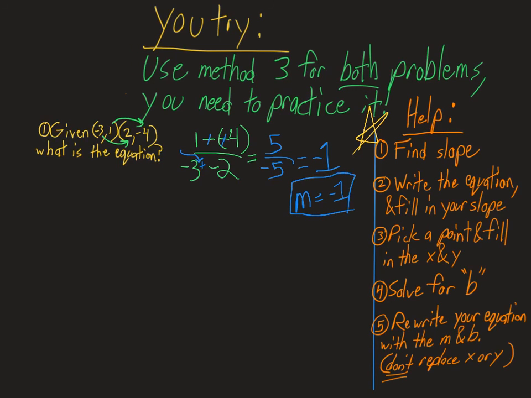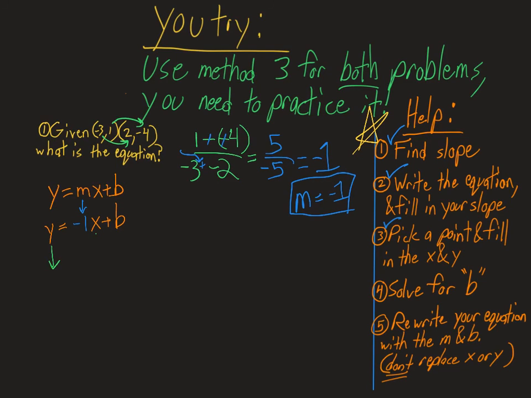We've got a slope. So I found the slope. There's step 1. Step 2, write that equation. So y equals mx plus b. I've got my slope. It's negative 1. Cool. So wrote the equation and filled in my slope, and then also now pick a point to fill in x and y, step 3.